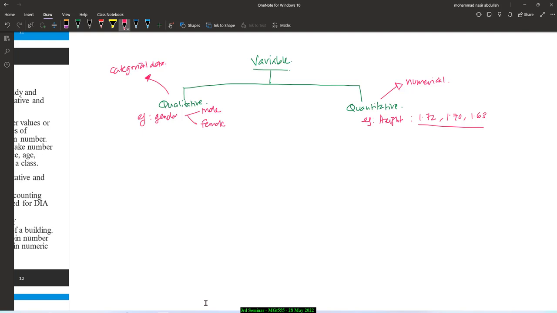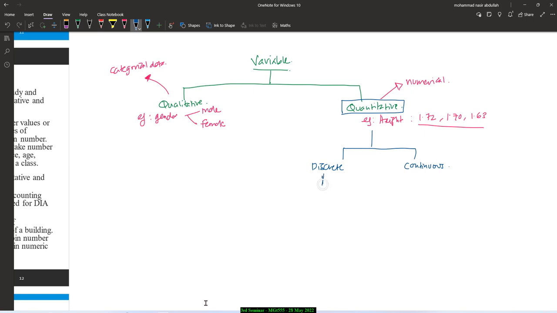Can you understand? So quantitative variable can be divided into two parts. First part is discrete. Another one is continuous. We know that quantitative is a numerical value, something numeric. So quantitative can be divided into two: discrete quantitative and continuous quantitative.